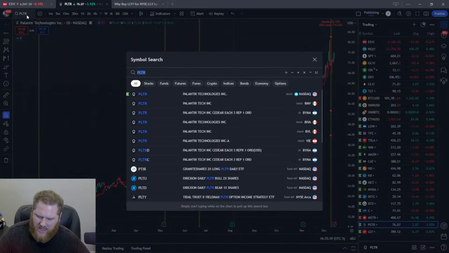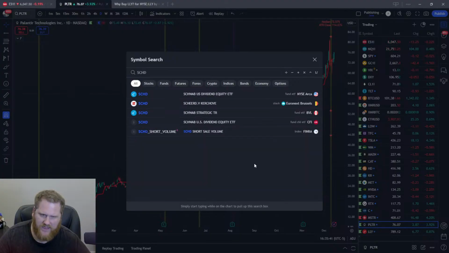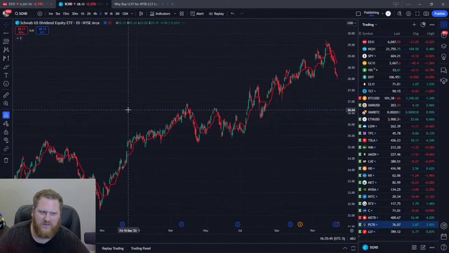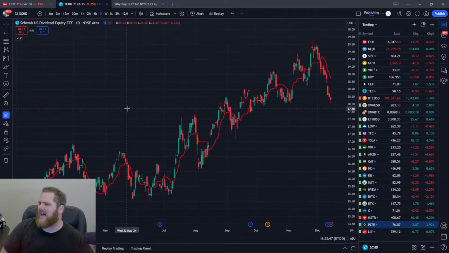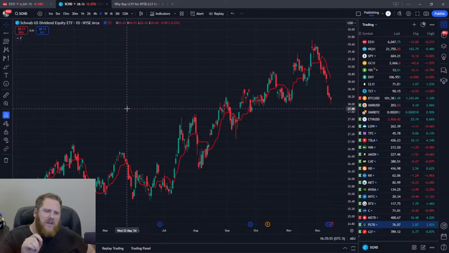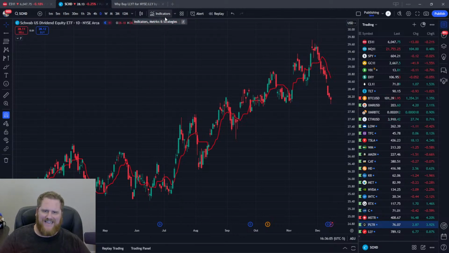SCHD, if I recall correctly, is the dividend ETF. I have SCHD in my portfolio, and I've not been very happy with it, because over time it does tend to underperform a general index ETF.